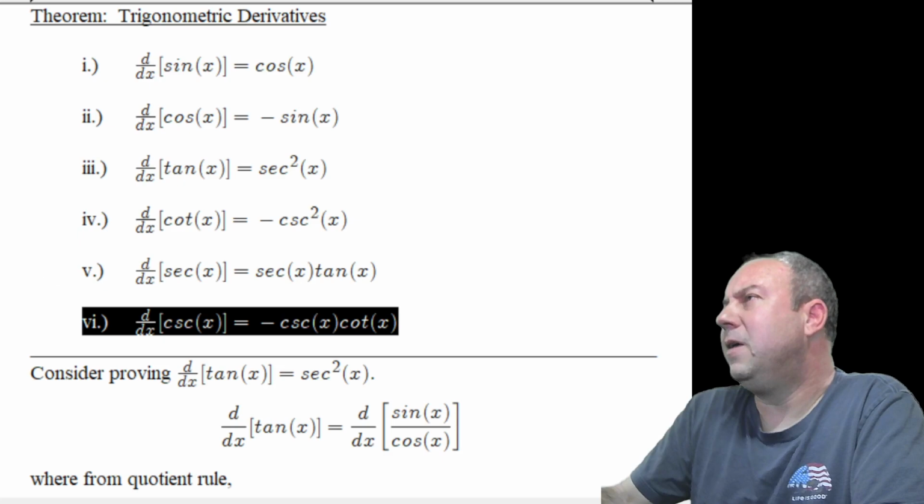But this is a pretty short video, folks, because our proofs there were probably a little simpler than what we're used to, relying simply on the quotient rule and our results for the sine and cosine. And as we see for the results here, we're just looking at the results for 6 very specific functions: the sine x, the cosine x, the tangent of x, the cotangent of x, the secant, and the cosecant are 6 trig function derivatives.